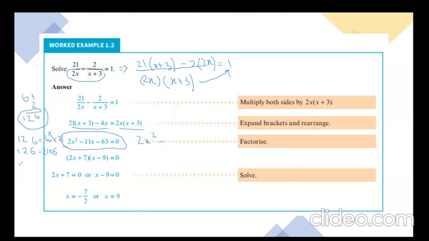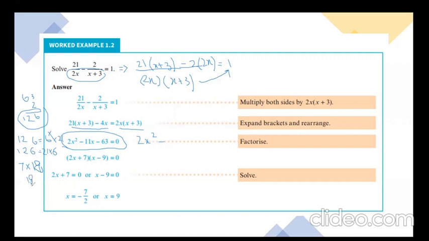Minus 11x, so making minus 11x, it must equal x square. Now 126 equals 7 times 18.